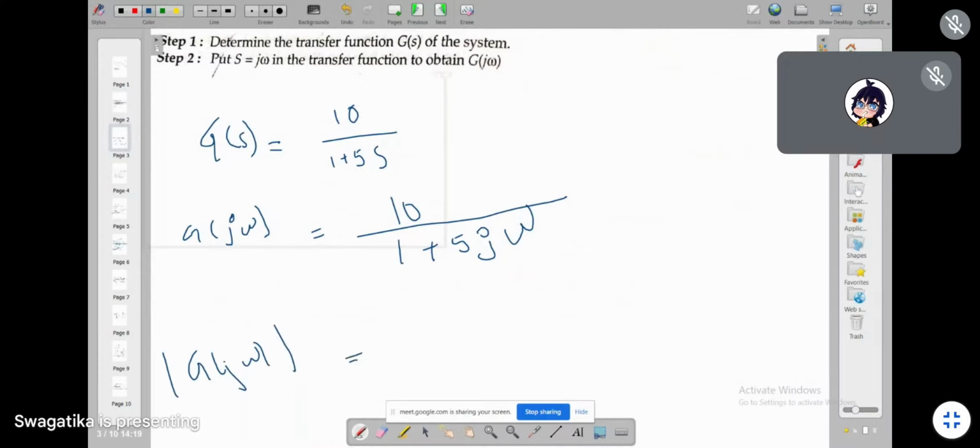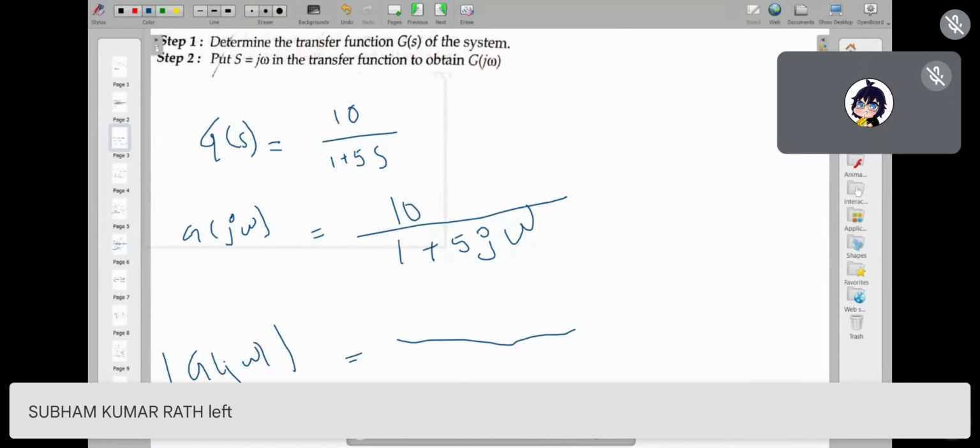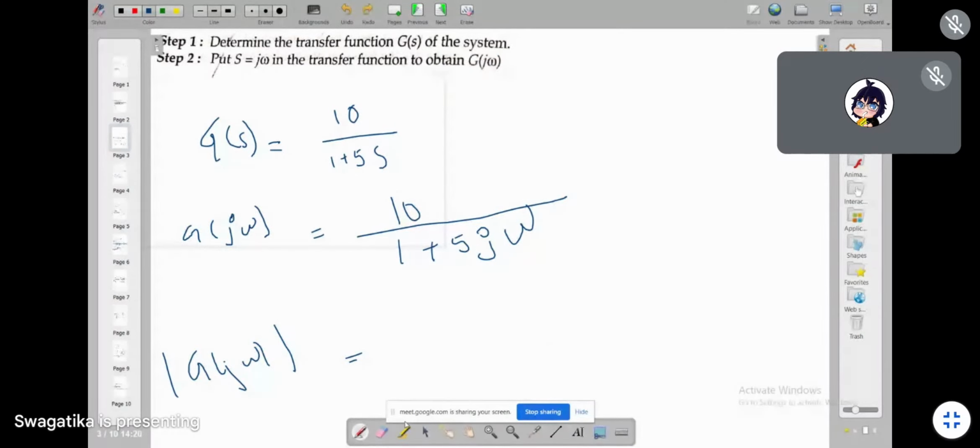How will you determine the magnitude? For a complex number x plus iy, how do you calculate the magnitude?